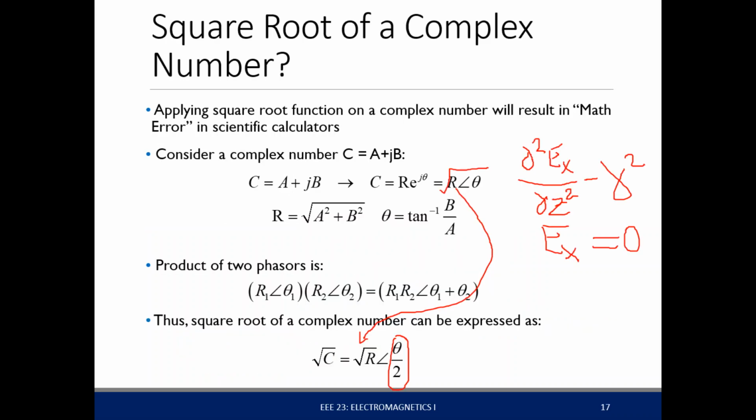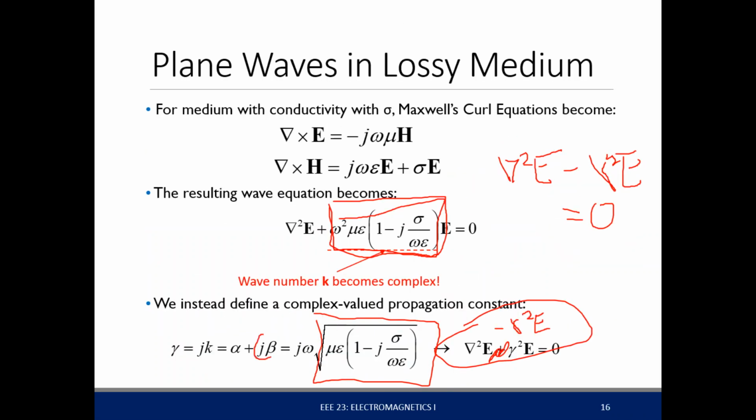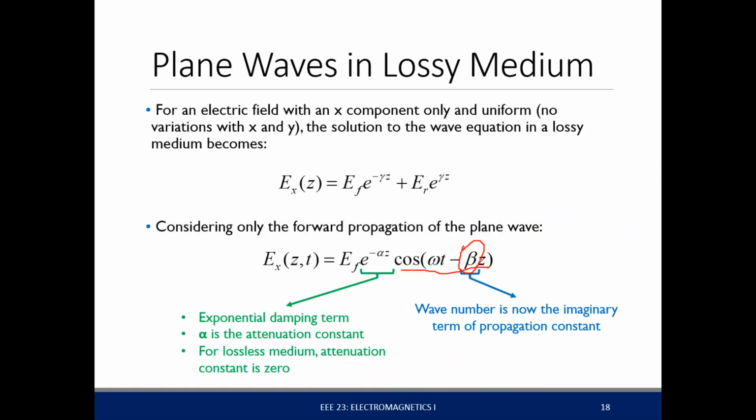So this is the imaginary part of our propagation constant. This alpha, as you can see, as you move along positive z, since this is forward propagating, this term actually dwindles. So it actually decays. So this function right here is responsible for the decay in our propagation.